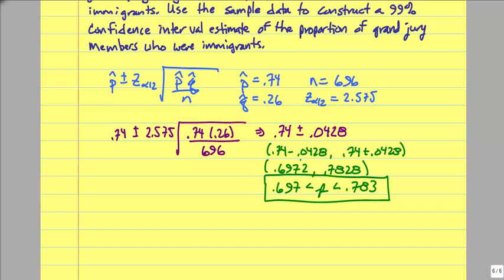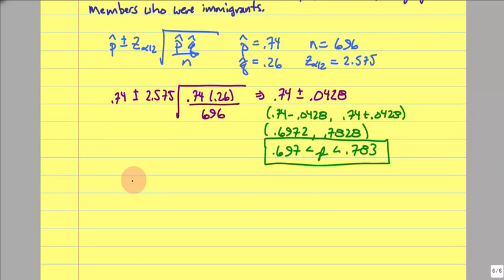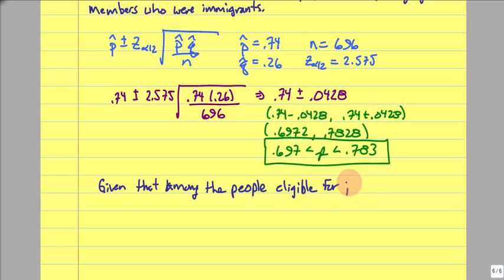Now we're going to answer a question based on this interval. The question is, given that among the people eligible for jury duty, let's say 69.9% of them were immigrants.